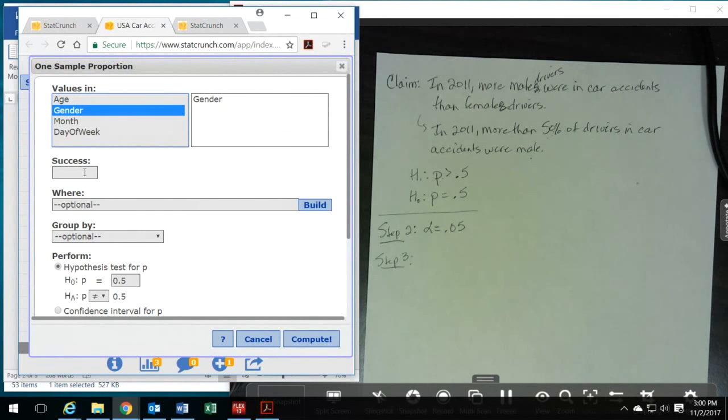And you have to put exactly that in the success box. So our success is going to be if we have a capital M in the gender column. Okay, and then we're doing a hypothesis test. Our P actually is 0.5, and then for our inequality, we had a greater than.